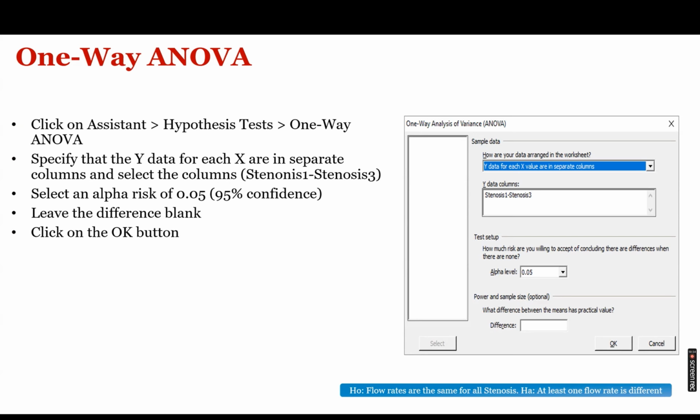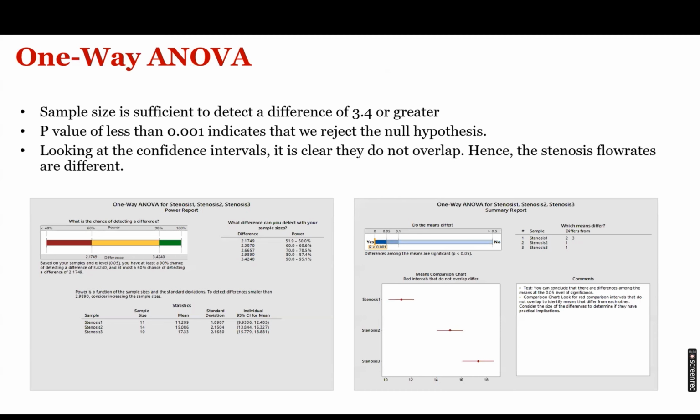Based on the options that we select, we get a p-value which is less than 0.001. So we reject our null hypothesis. What was the null hypothesis? There is no significant difference between the three stenosis. So our conclusion will be there is surely a significant difference between the three stenosis.